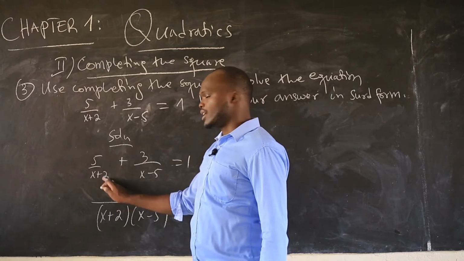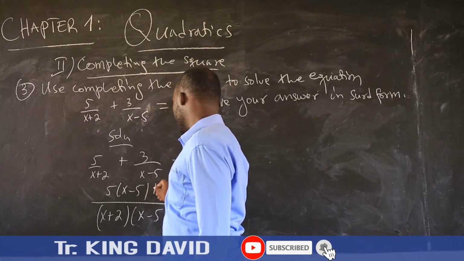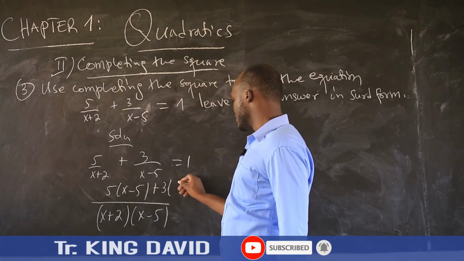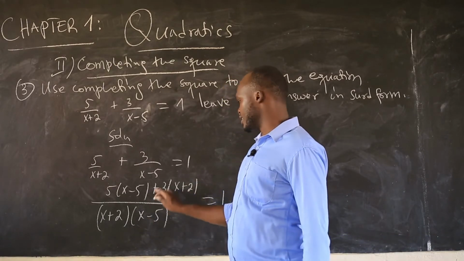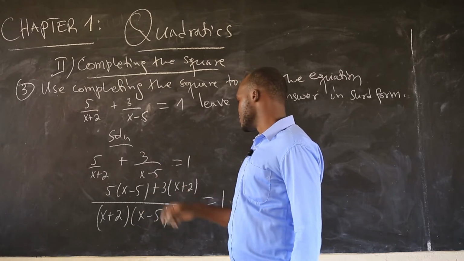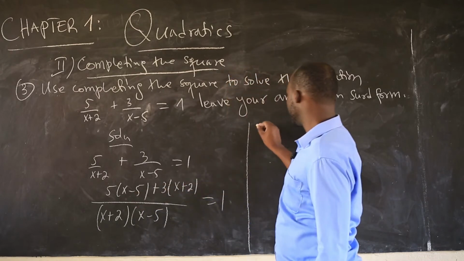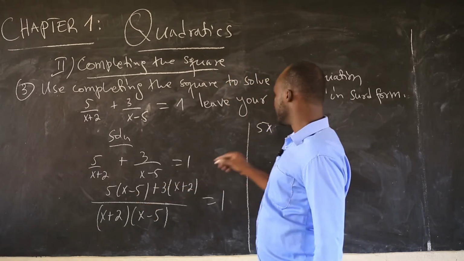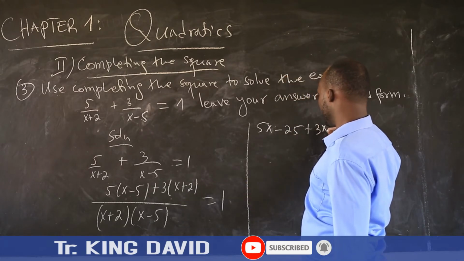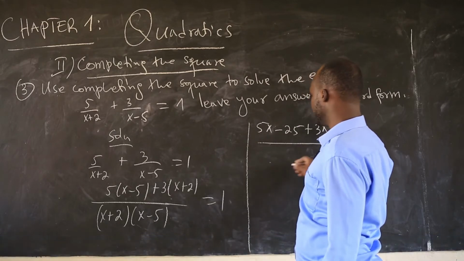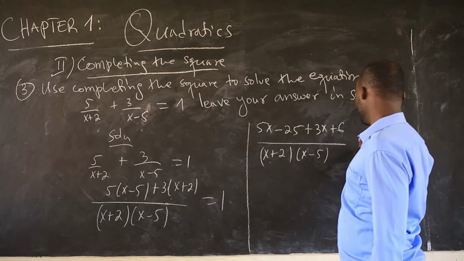So when you take this one divided by that, we get x minus 5. That is 5 into bracket (x minus 5) plus 3 into bracket (x plus 2) equal to 1. Because this divided by that, we're remaining with x plus 2 times 3. So what will be there? It will be 5 times x, which is 5x. 5 times negative 5, which is negative 25. Plus 3x plus 6, divided by (x plus 2) into bracket (x minus 5) equal to 1.